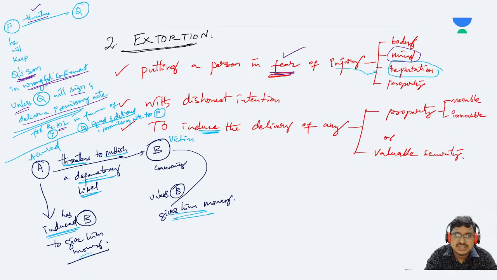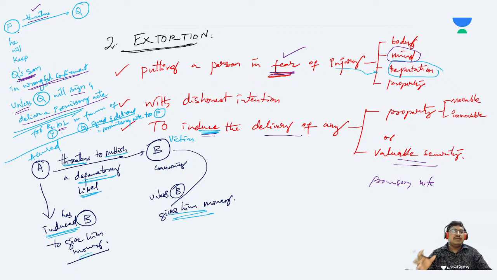Here, Mr. P has induced delivery of a valuable security. This promissory note is a valuable security. Accordingly, Mr. Q has signed and delivered the promissory note to Mr. P. Therefore, Mr. P has committed the offense of extortion, friends. I think you got the point.